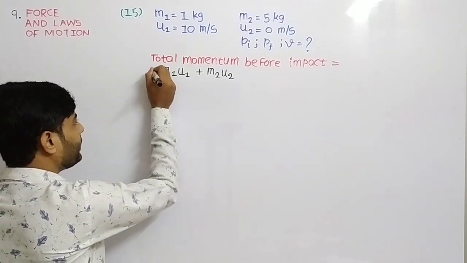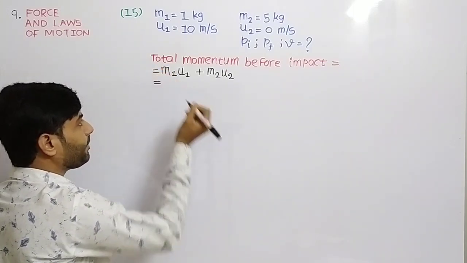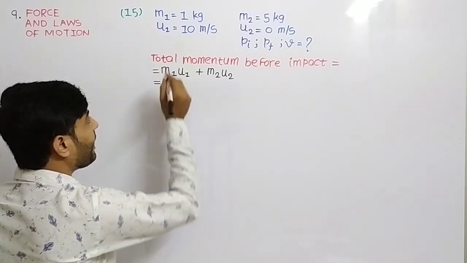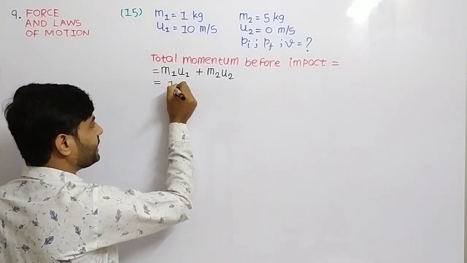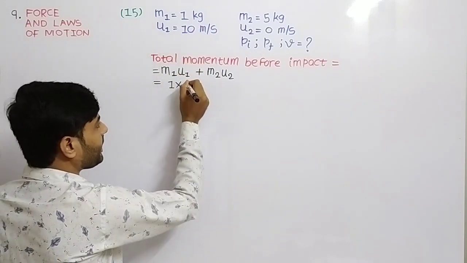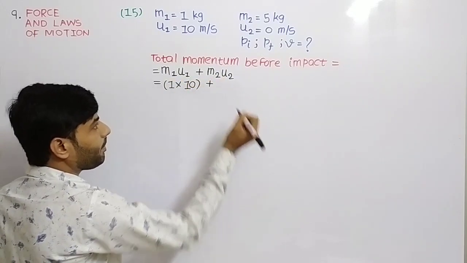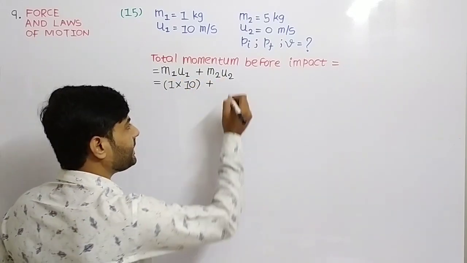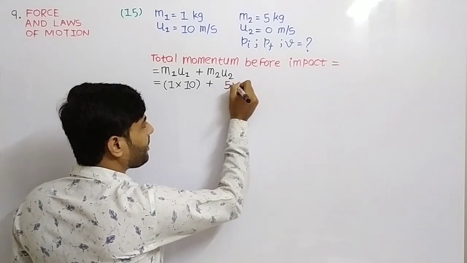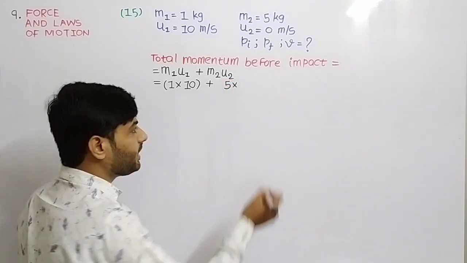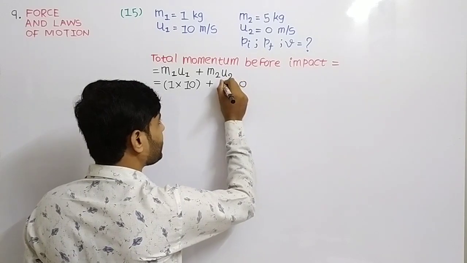Now put the values: m1 that is 1 kg multiplied by u1 that is 10 meter per second, plus m2 that is 5 kg multiplied by u2 that is 0 meter per second.